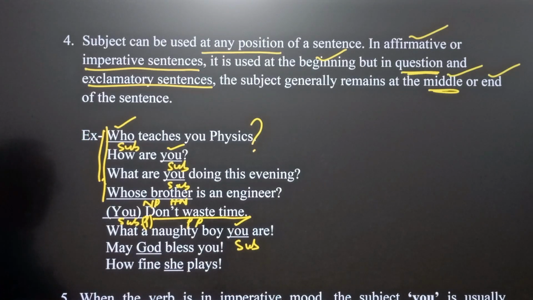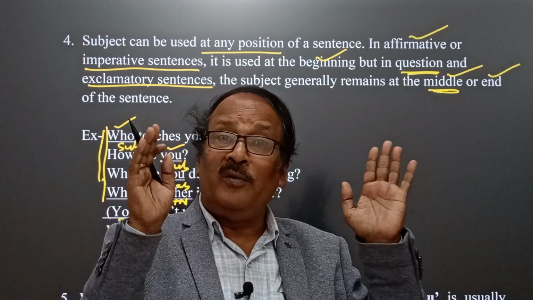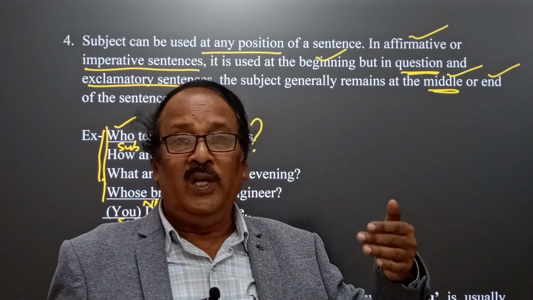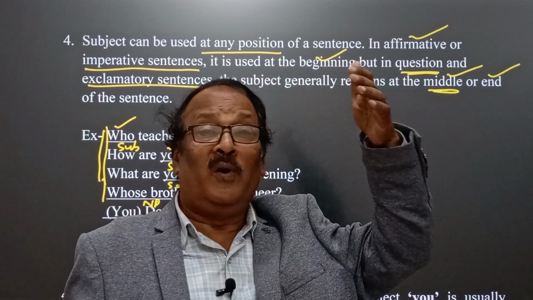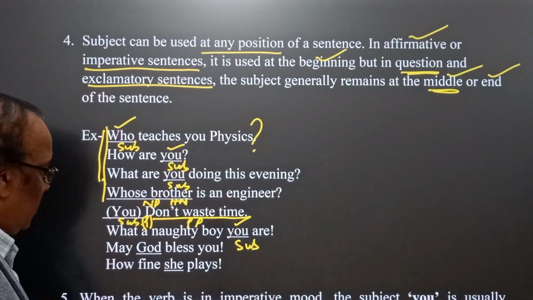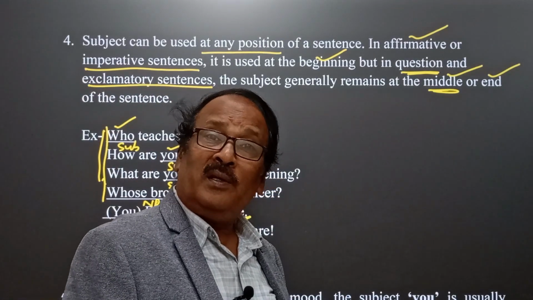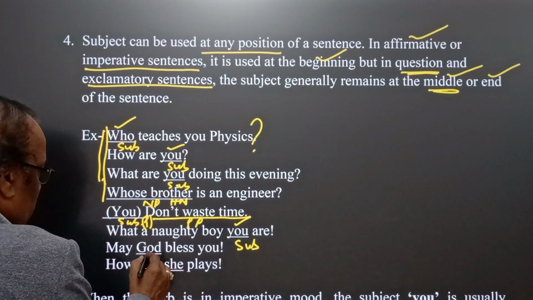Now, may God bless you. This is an optative sentence, or a sentence of prayer or wish. We sometimes wish for the betterment of others and say, may God bless you, may you live long. So here we find, may God bless you.